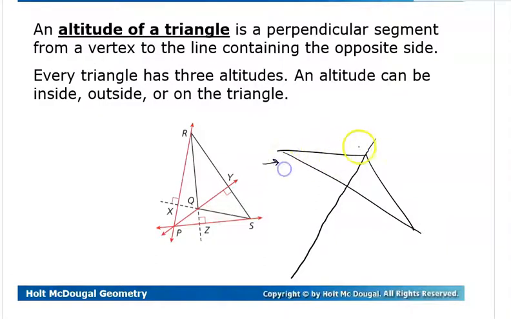So I would need to extend this side a little bit until I can go perpendicularly and through the opposite side. Like so. And that's a really bad perpendicular line. Wow.